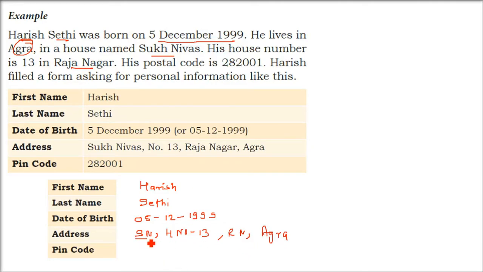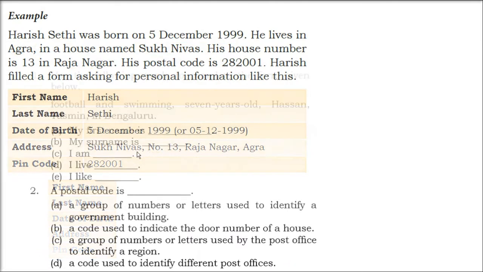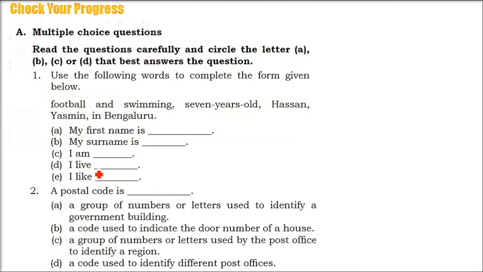Agra comes under UP. So you have to start with the minute detail and then elaborate the detail. Then the postal code, very important. For example, 282001 Agra code. So this is for the post office people to find out which region you live in, if anyhow a letter is coming.